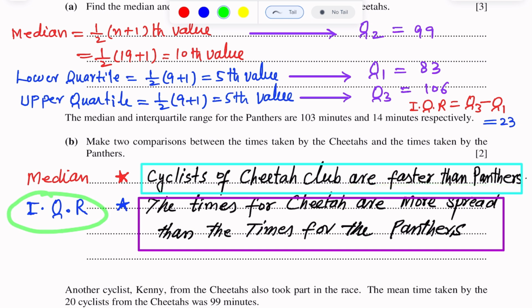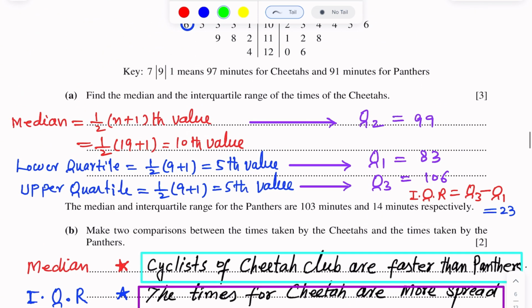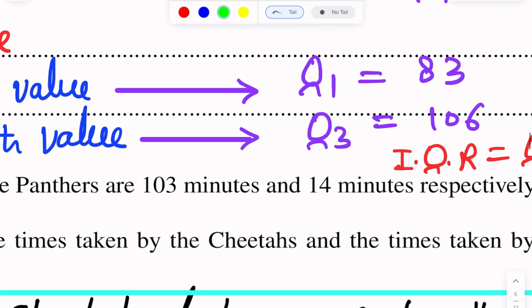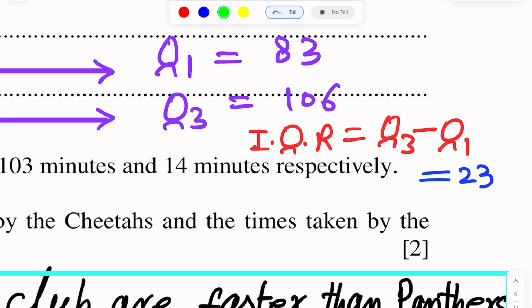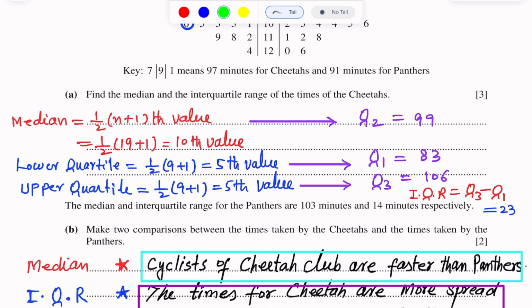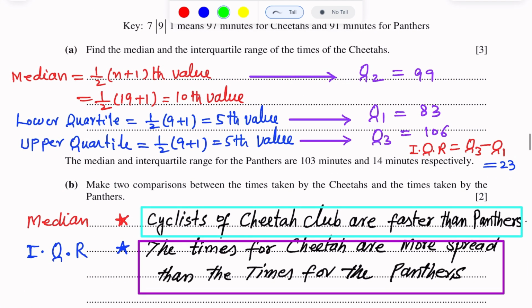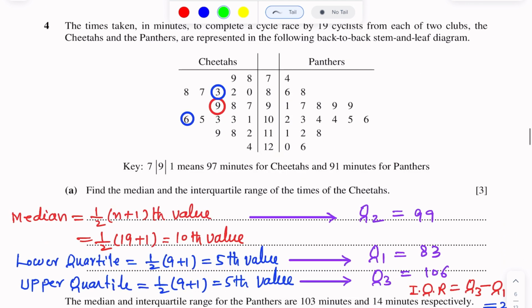Now we will compare the interquartile range of both clubs. Now we will take the spread, which is shown by the interquartile range of both clubs. 23 is the interquartile range for cheetahs and 14 minutes is the interquartile range for panthers.